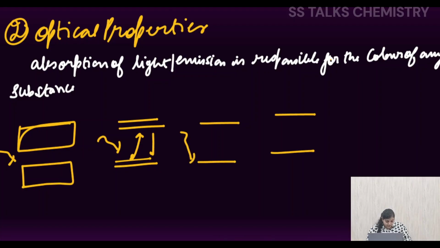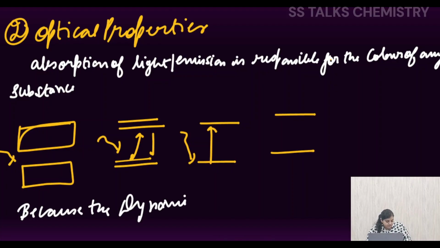So with different band gaps, different light absorption will occur at different wavelengths, and the complementary color will also be different. Because of the dynamic energy levels, a fixed energy gap is not there.